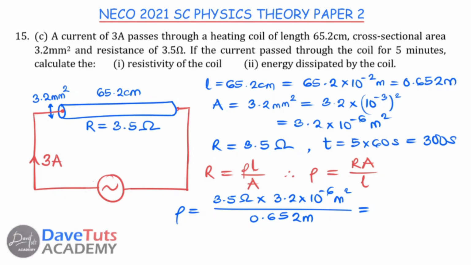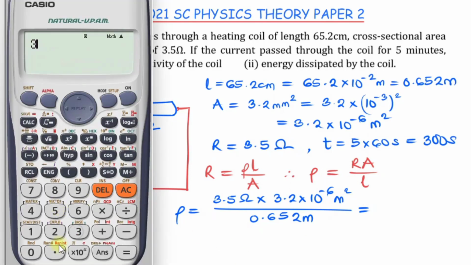We can use our calculator to evaluate this: 3.5 times 3.2 exponent minus 6 divided by 0.652. So what's that going to give us?